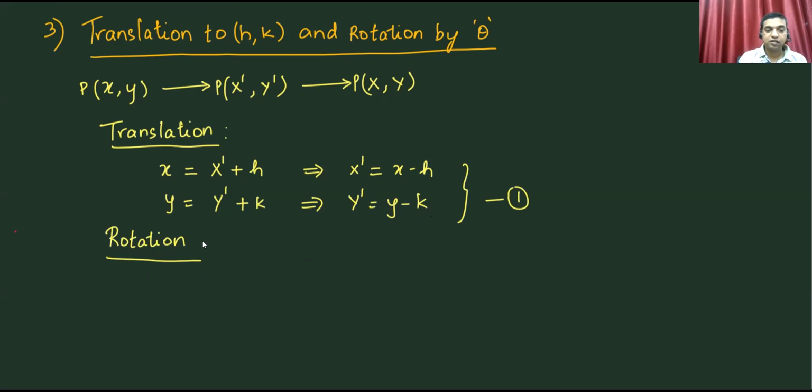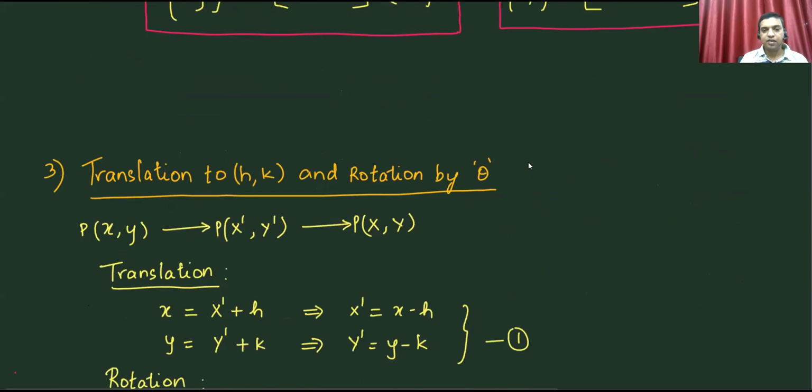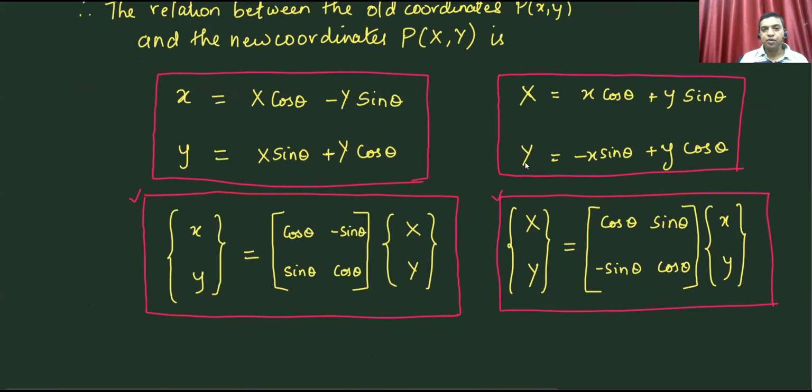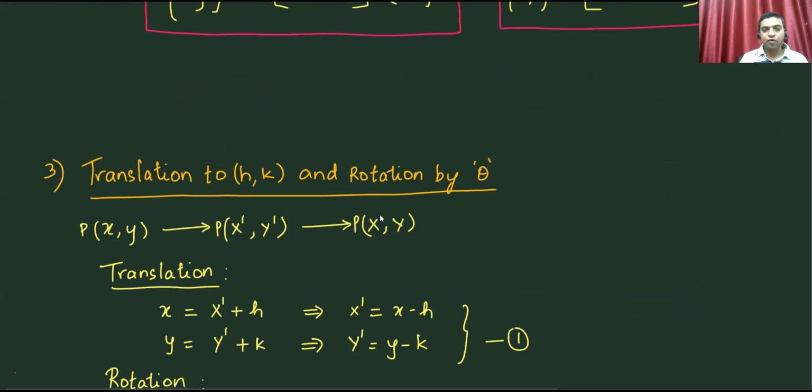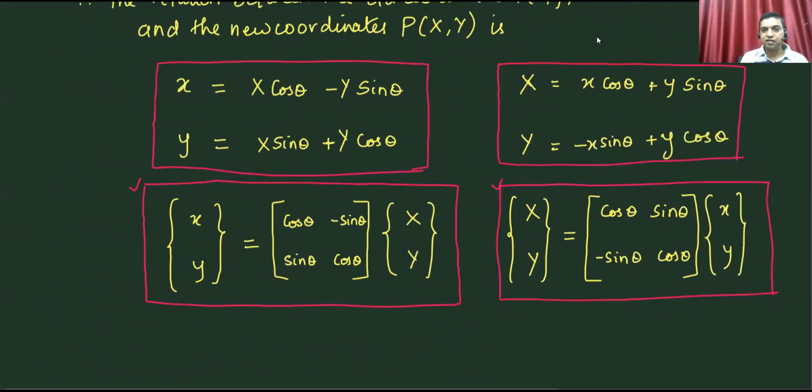Next we do rotation. Remember, we want the new coordinates. We don't want the old coordinates. We want to find the new coordinates. So for rotation, this is the new coordinates, and this is the old coordinates for rotation. So you have to use this result.